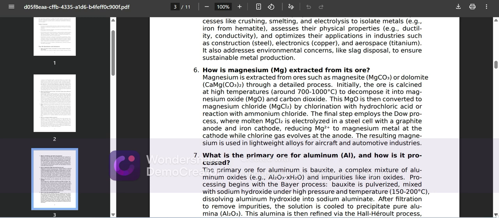This magnesium oxide is then converted to magnesium chloride, MgCl2, by chlorination with hydrochloric acid or reaction with ammonium chloride.